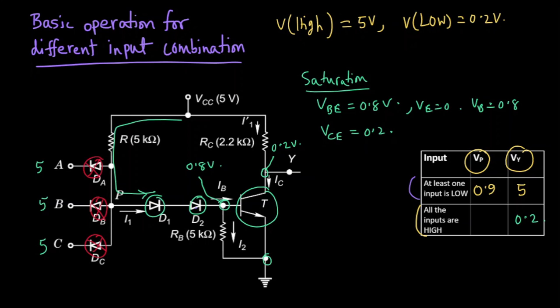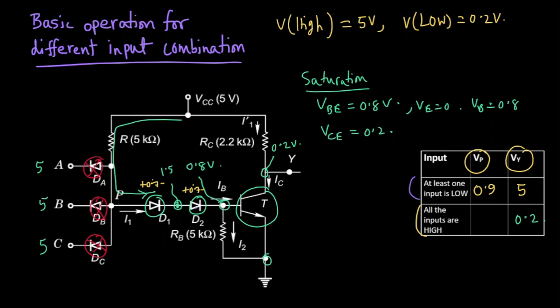Now as the diode D2 is turned on, there will be 0.7 volt voltage drop across this diode. So the node voltage of this node will be 0.7 volt higher than 0.8, that is 1.5. And similarly the diode D1 is turned on, so there will be 0.7 volt voltage drop across this diode.